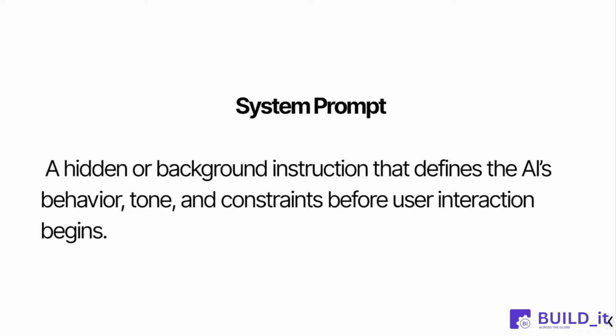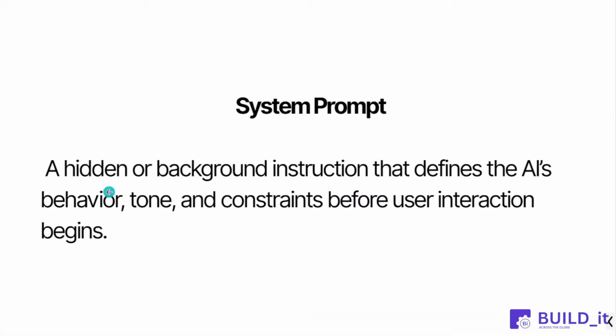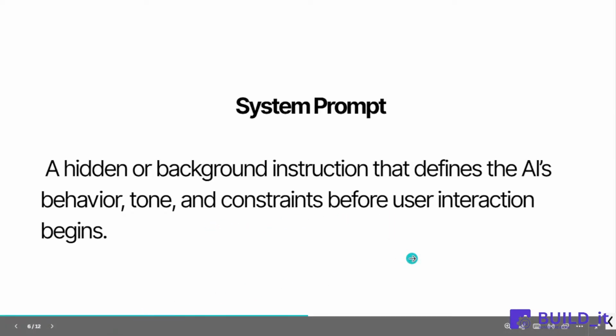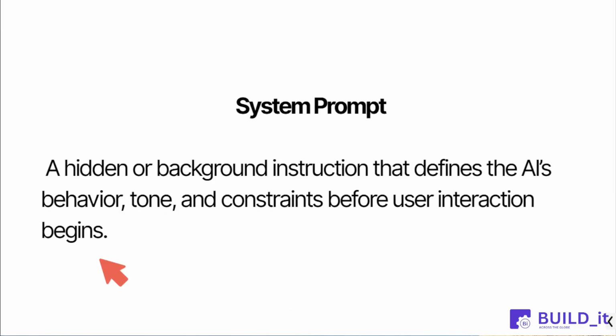Now, a system prompt is basically a hidden or background instruction that defines the AI's behavior, tone, and constraints before user interaction begins. Let's pay close attention to this: before user interaction begins. Let me give you an example.